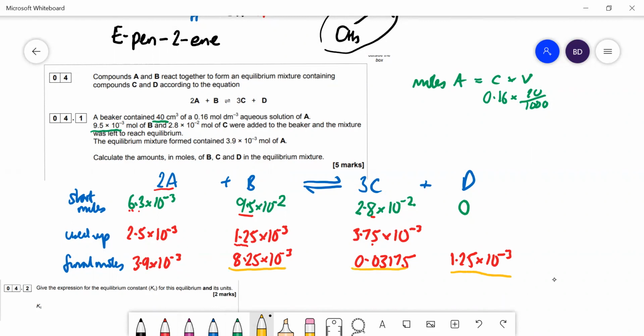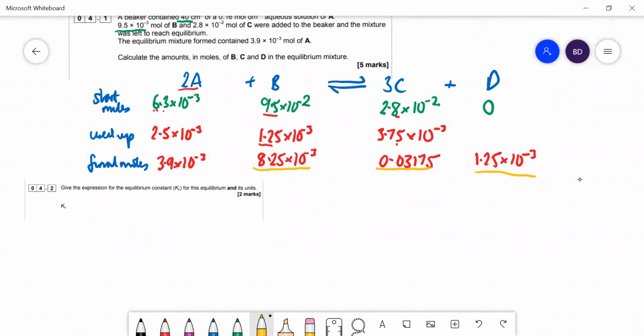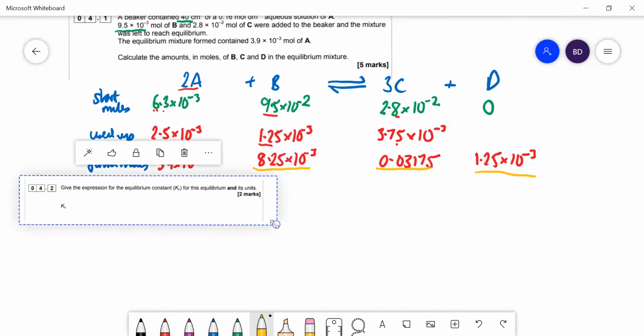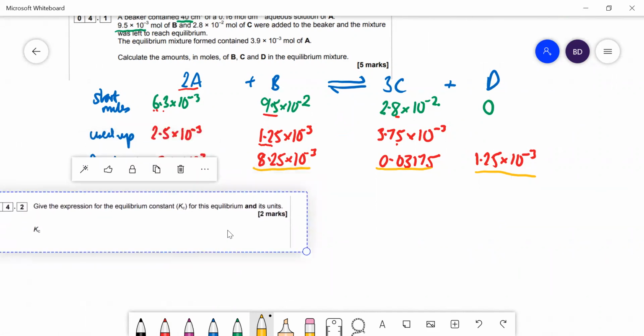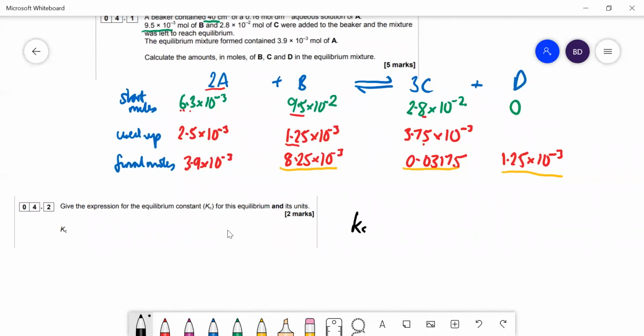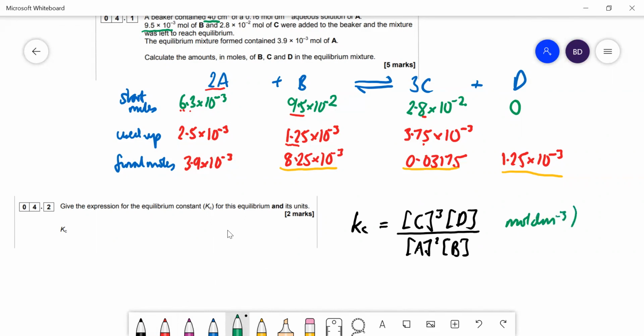Right, so now move on. It's asking us for the equilibrium constant and its units. The equilibrium constant is going to be Kc equals the concentration of C cubed times the concentration of D, divided by the concentration of A squared multiplied by the concentration of B. The units: we've got 4 concentration terms on the top, so that's mole per decimeter cubed to the power of 4.